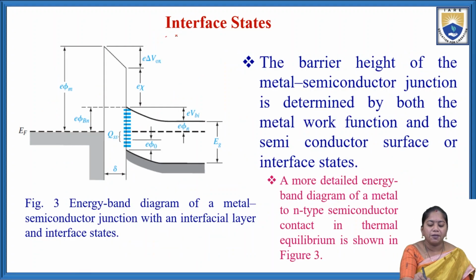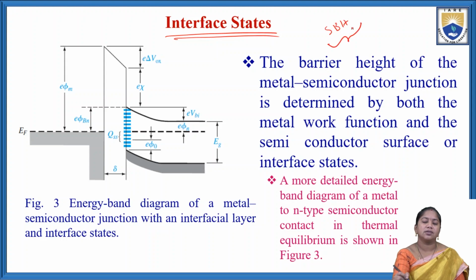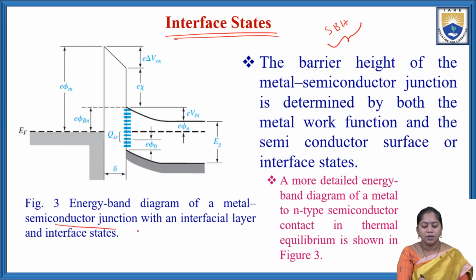So the second factor is the interface states, which also decrease the Schottky barrier height. The figure shows the energy band diagram of the metal semiconductor with the interfacial layer and interface states.